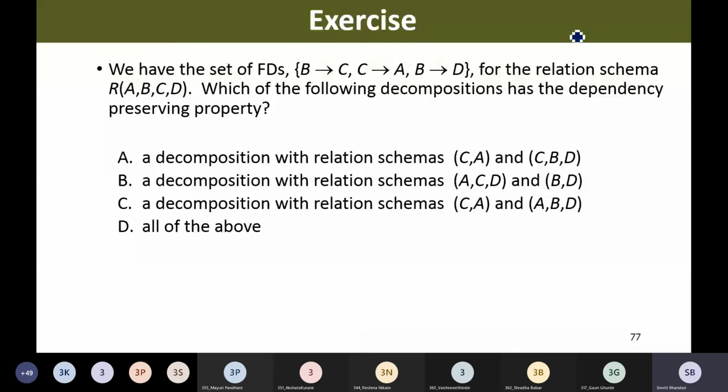Which is the correct option? C. Why? How C? You justify your answer.